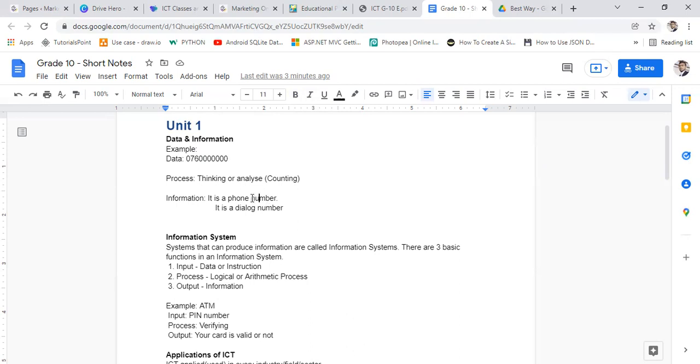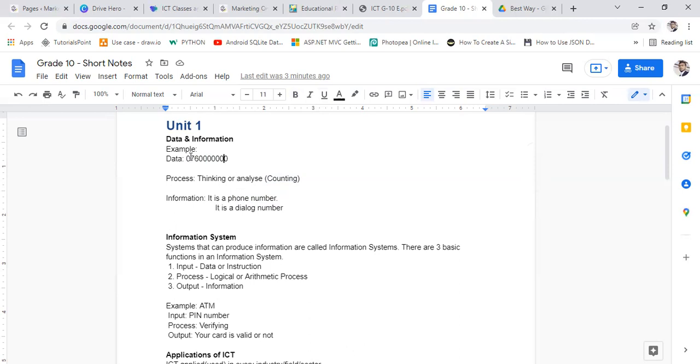So it's actually information. This is data. We processed it. We counted the digits from this number, and we got the information that this number is a phone number. So that is information.